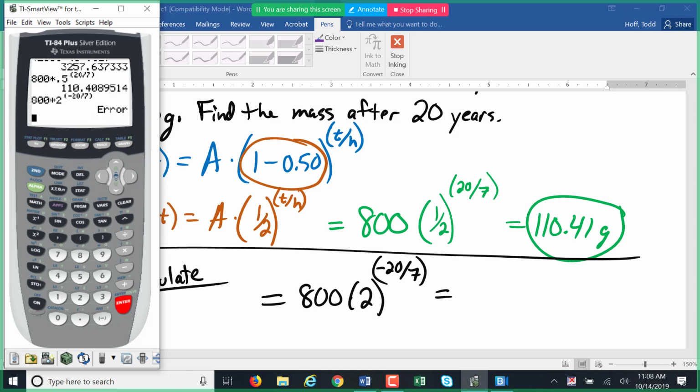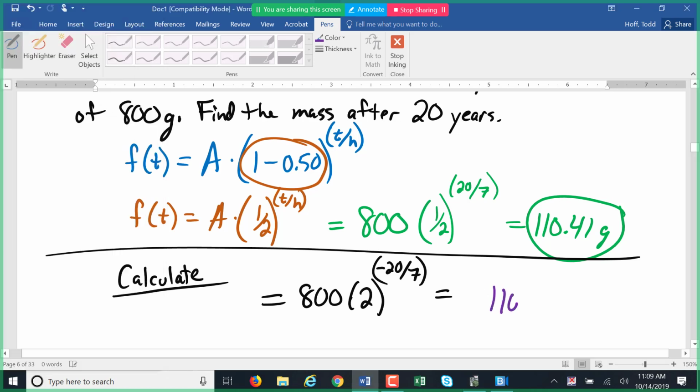If you enter it correctly, you should find that you get the exact same value, 110.41.